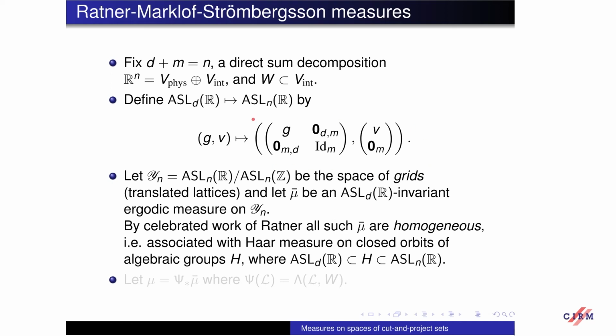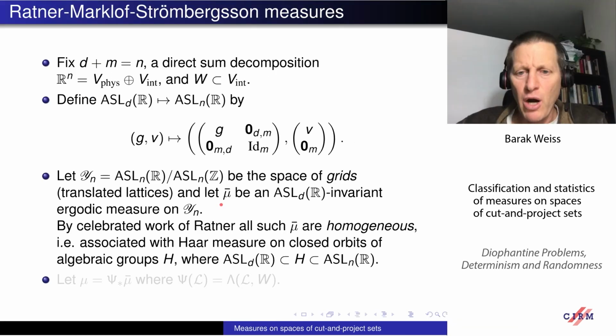This group, via this embedding, is acting on n-dimensional space, because these are n by n affine transformations. So I take such a measure, mu bar, on the space of grids. Such measures are associated with certain groups H, which are intermediate between ASLD and ASLN. That's the important work: the Ratner measure classification theorem.